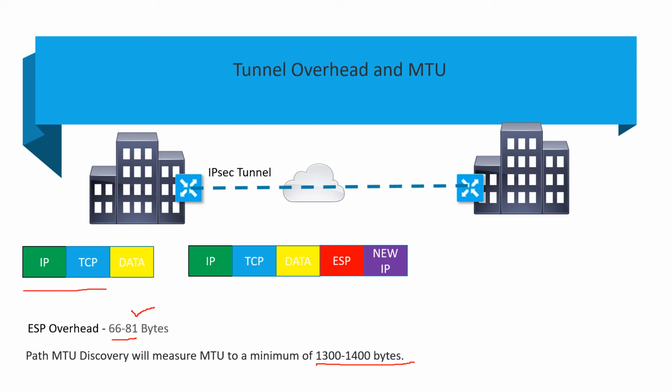So this is my actual data. You have the IP headers, you have TCP headers, and you are going to have the data. When we encapsulate this packet over IPsec, you are going to insert an ESP header, and there is going to be a new IP address.